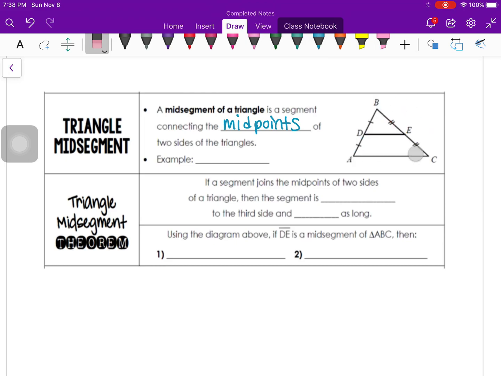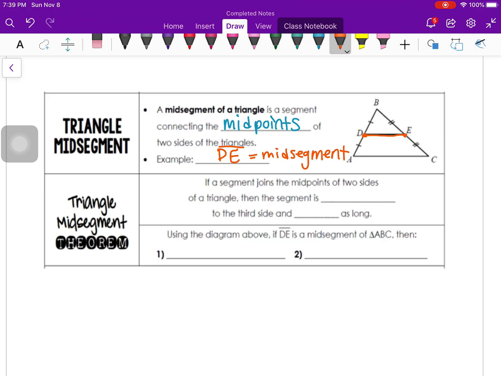So we have two midpoints, and if you connect them, that is called a midsegment. DE in this picture is a midsegment. Basically, just find two midpoints of two sides of a triangle, connect them, and you have created a midsegment.